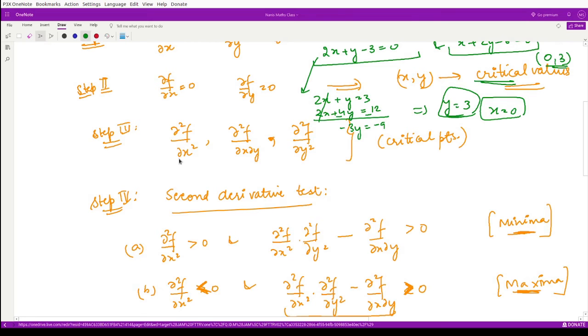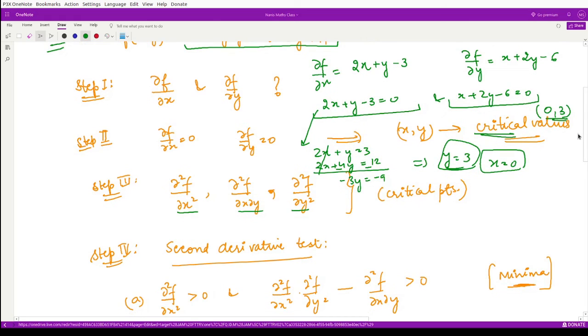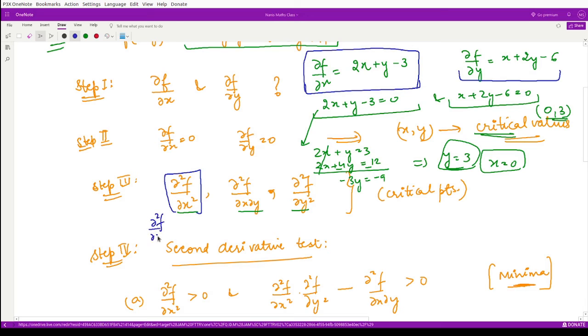Now you have to determine the double derivatives. How do you obtain these double derivatives? You can obtain them from these single derivatives. To calculate del 2f upon del x2, you differentiate this function with respect to x again, which in this case would be equal to 2.